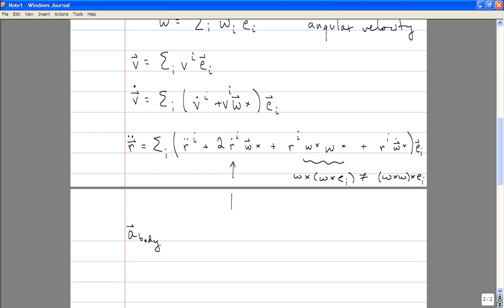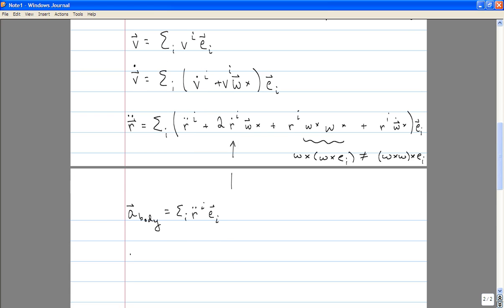if I were to write down the body acceleration vector, which would be the sum on i, r double dot i, ei, then these other terms would cause fictitious forces to appear.